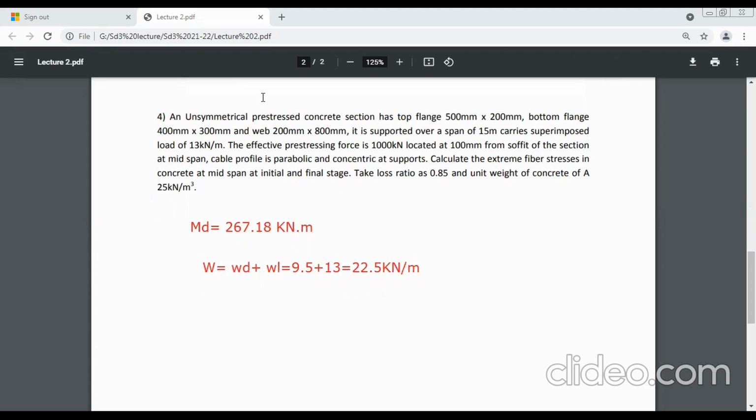Now bending moment due to total load, you can write here MT, moment due to total load. T stands for total load. So it is WL square by 8. W is 22.5, span is again 15 meter. 15 square divided by 8.